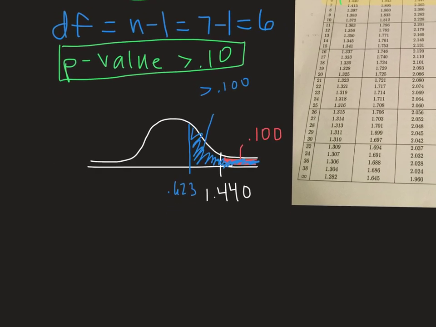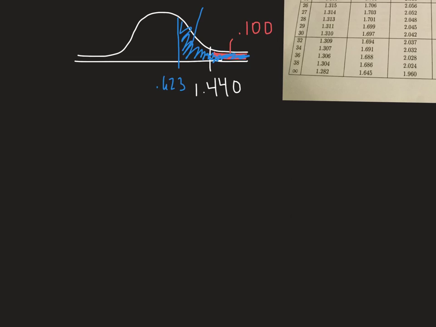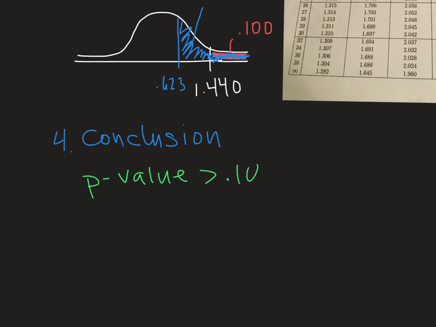So let's look at step 4 now. That is our conclusion. We're either going to reject or not reject. Well, we determined that our p-value was greater than 0.10. We want to compare that to our alpha. How does it compare to our alpha?